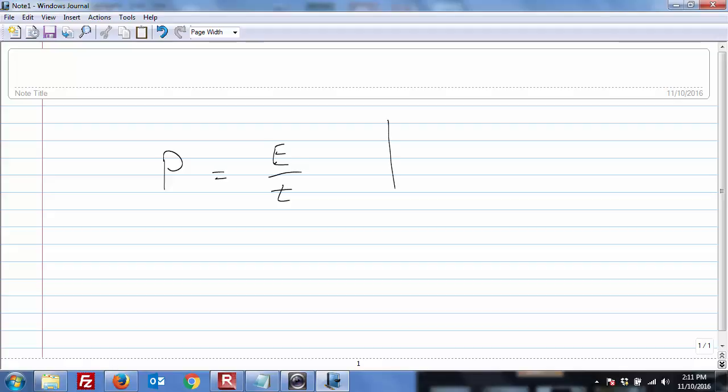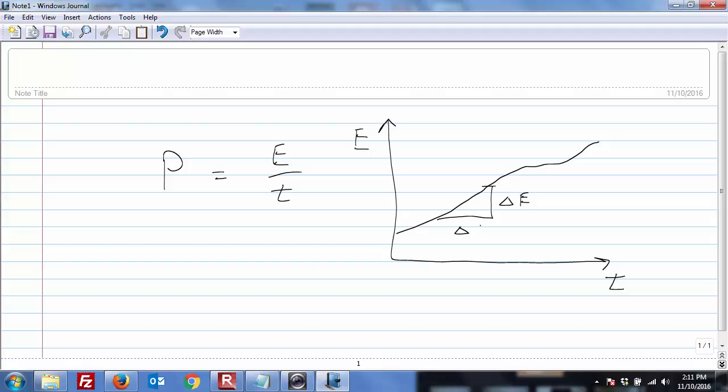The way to visualize that is as time moves in this direction, we can think of the amount of energy being spent here, and then power is just a measure of how quickly energy is being spent. So we can have a little change in energy right here, and a little change in time right here. So power, of course, is just the slope of that line.